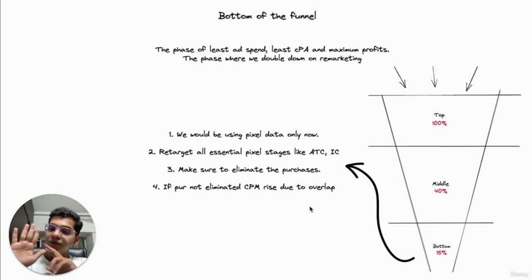Out of those 5,000 people, you need to remove these 100 people. Why? Because these people have already bought from us.